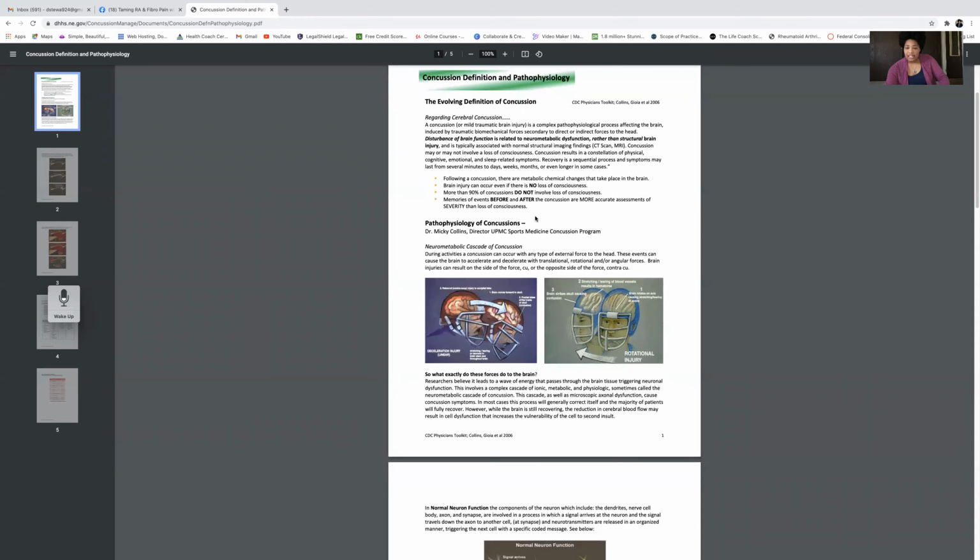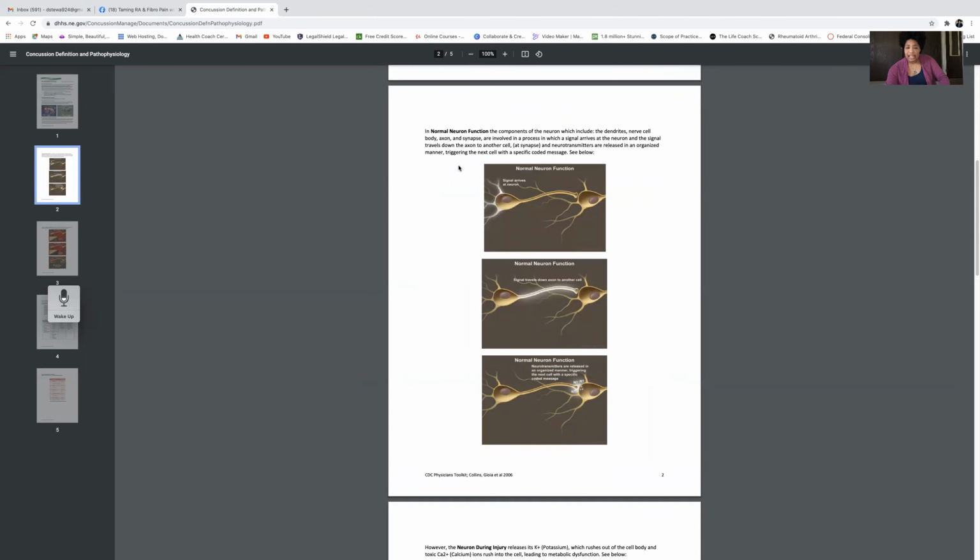So I'm going to scroll down real quick. This is basically what our brain cells look like. Okay, so it's called a neuron. And what happens with the electrical part of the activity in our brains, whether we're feeling something like an emotion, or we're getting the serotonin, whatever it is, there's basically these little checkpoints that can send electrical messages to each other.